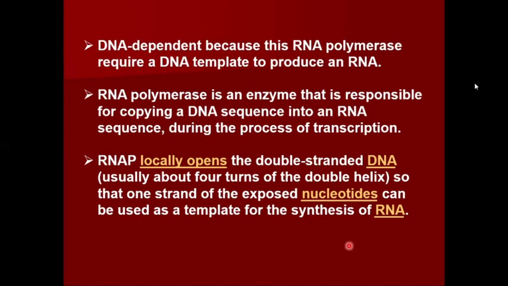It is an enzyme that will unwind short segments of DNA. Here, RNAP can also do that. It can open the double-stranded DNA so as to separate the 2 strands. But only one of the 2 strands of the DNA is transcribed.